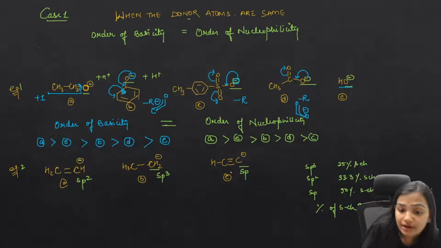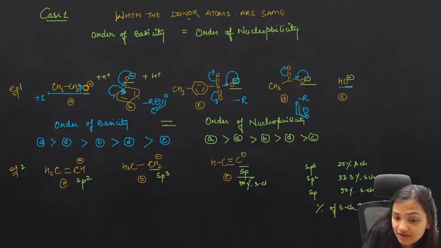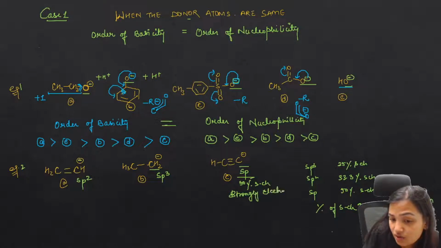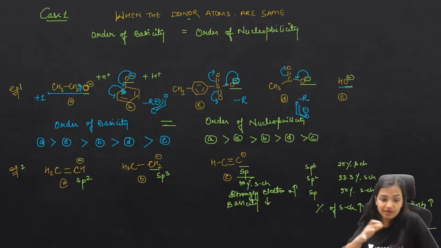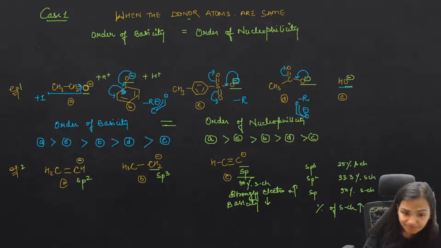So here we are having 50% S character, means it is highly electronegative. This is strongly electronegative, and as the electronegativity increases, the basic strength, that is the basicity, decreases. So it is going to be the poorest base. So if I have to give the order, what would it be?